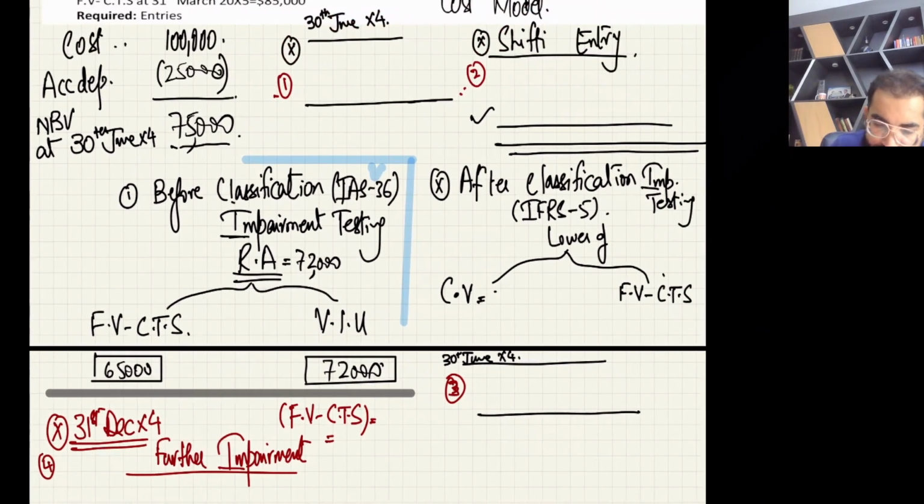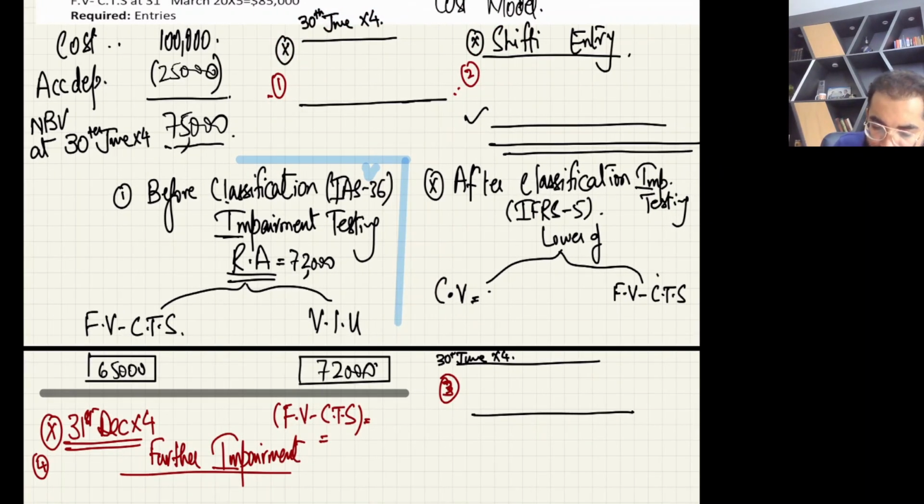So let's check. 75,000 is your carrying value and the recoverable amount is 72,000. So carrying value is higher and recoverable amount is lower. So yes, there is an impairment of 3,000.